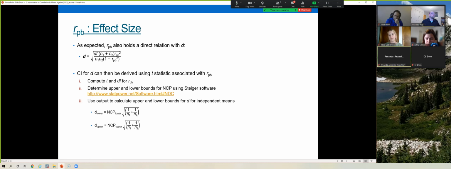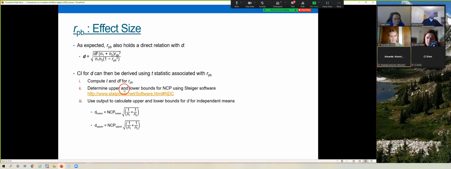It's 0.35. But what you want is a d estimate, and then you want to calculate a confidence interval around that. With just knowledge of the sample size and the magnitude of that correlation, you can take that point biserial correlation and convert it into a t-test, with the corresponding degrees of freedom.